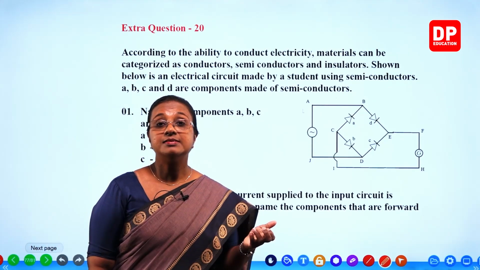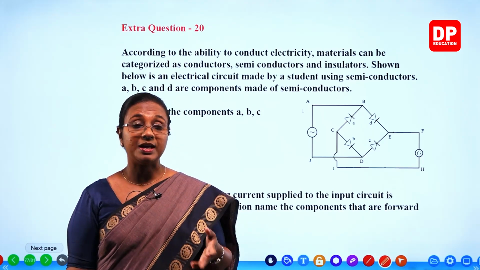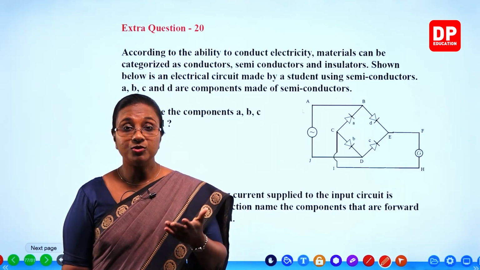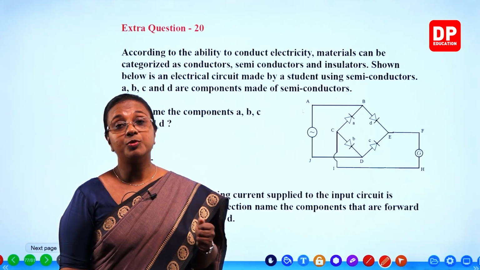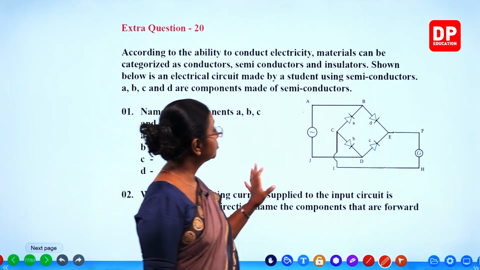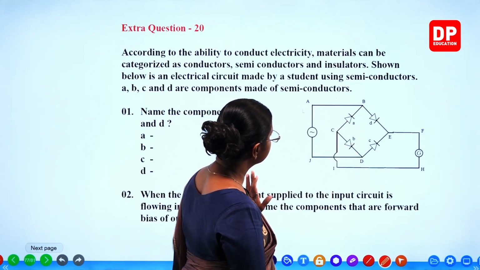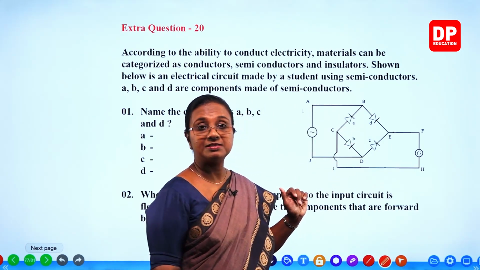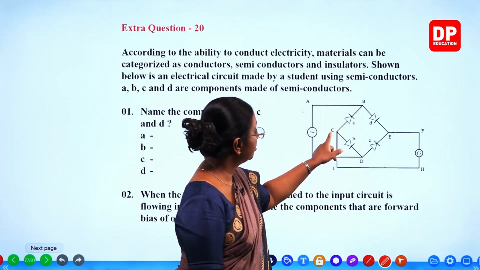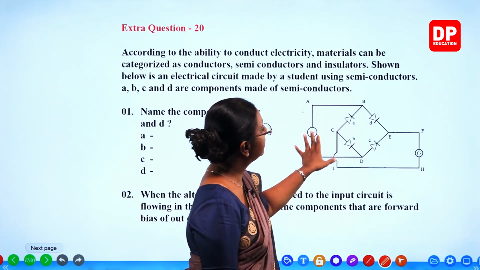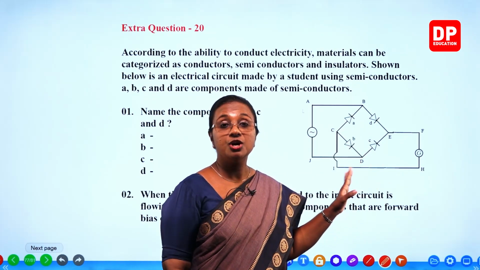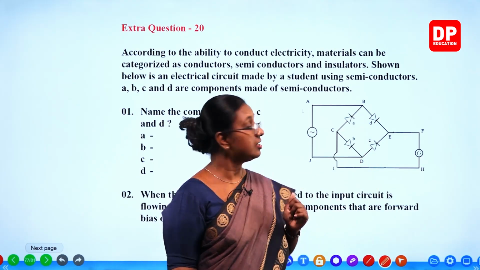So you all know semiconductors like silicon, germanium are used to make diodes, transistors. Those are the semiconductor electronic components. So here you can look at the circuit. We have discussed similar circuits. As you look at it, you see the 4 diodes A, B, C and D. Then you know this is a rectification bridge for a full wave rectification process.